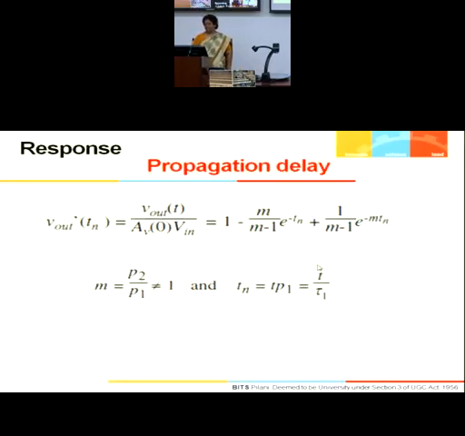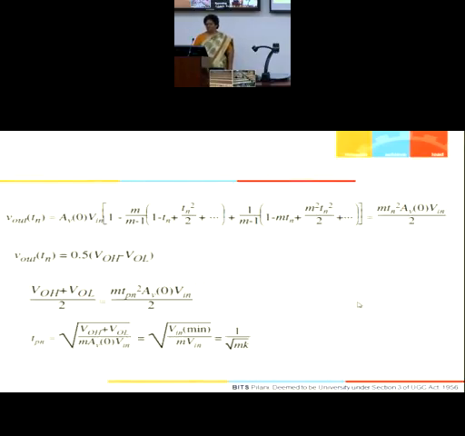Then we keep on simplifying, using binomial series and exponential series, and you will get your TP as this one.